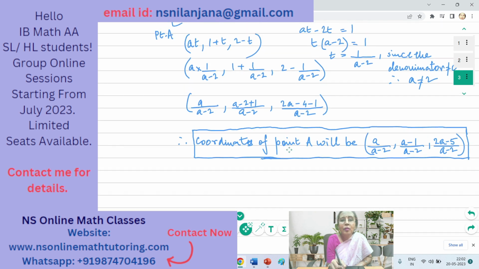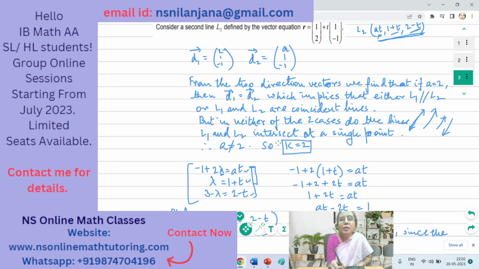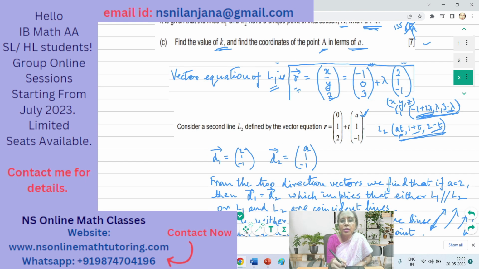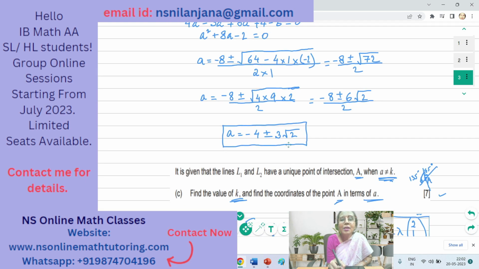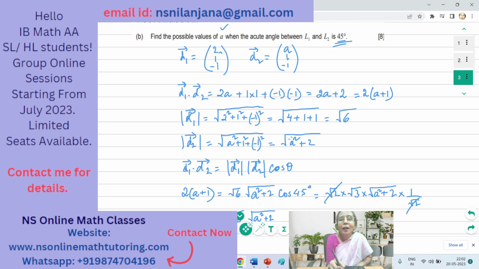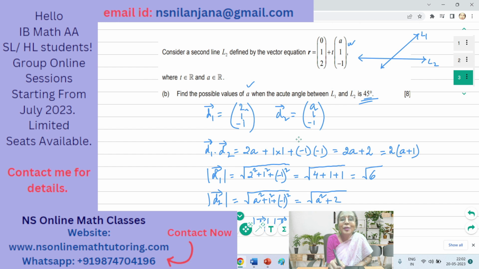So we have completely solved the subpart C as well. We have given the coordinates of the point A. So this completes question number 11, and we have solved the whole question.